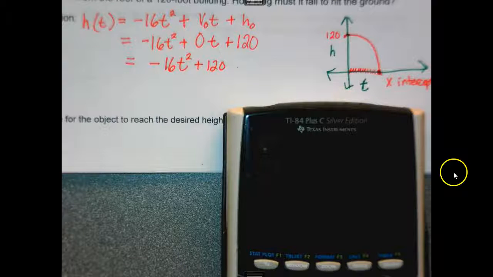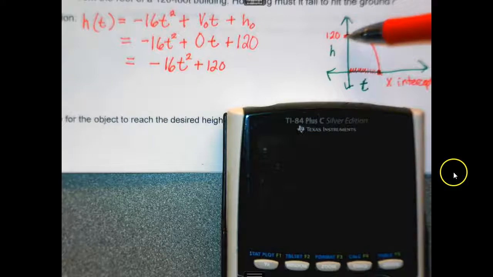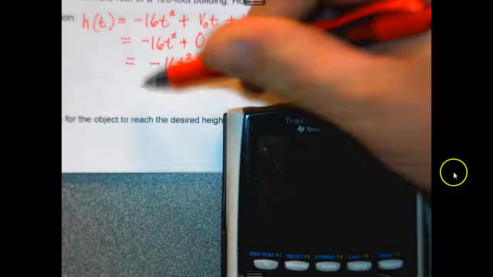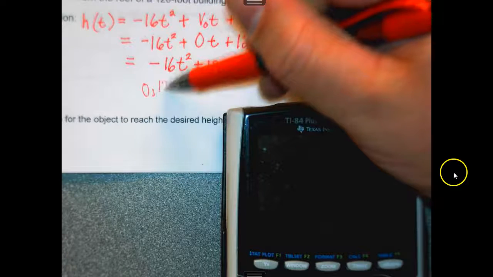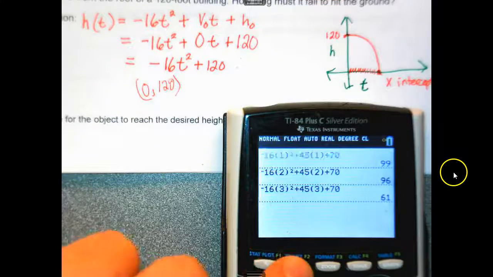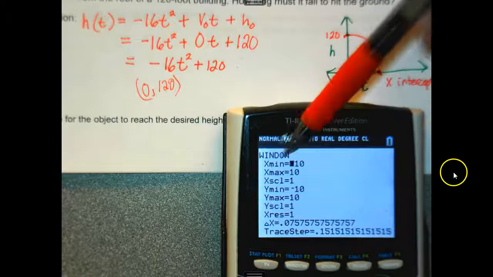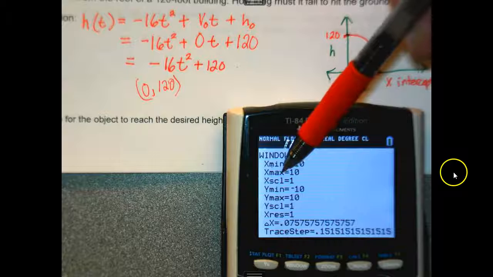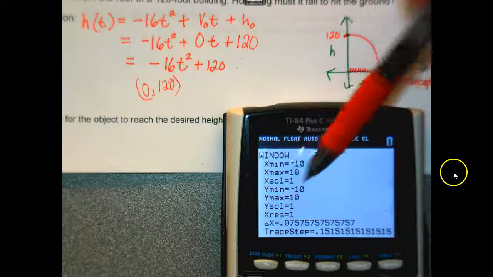Now, what's my y-intercept? 120. So my y-intercept is 0, 120, which means in my calculator, if you go to your window here, we have these x-min, x-max, y-min, y-max.